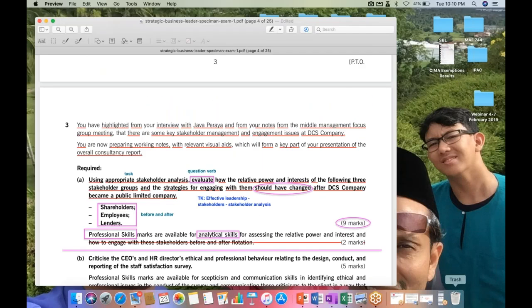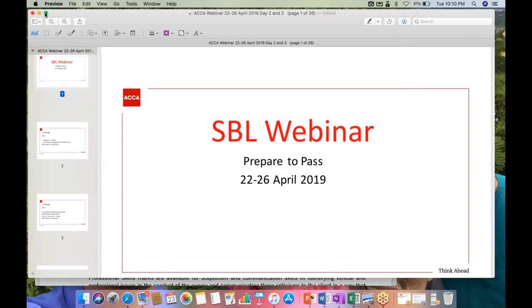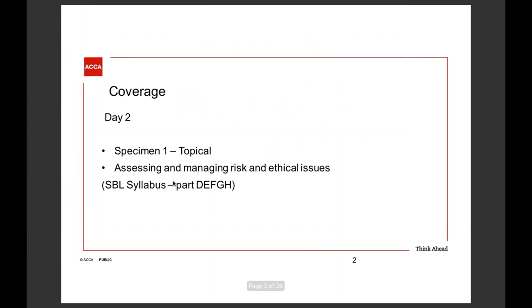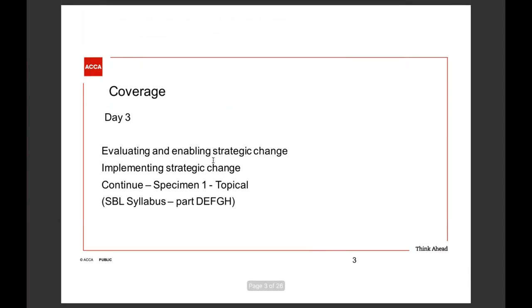Okay, what we will be doing is going back to this, our day 2. Since we have gone through the specimen 1, the topical, let us look through tomorrow, the day 3: evaluating and enabling strategic change, implementing the strategic change.